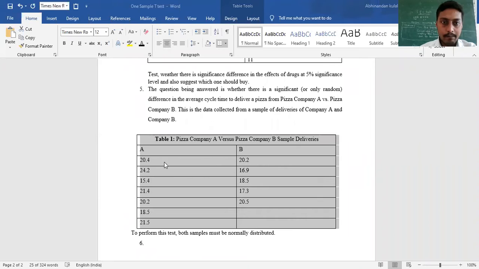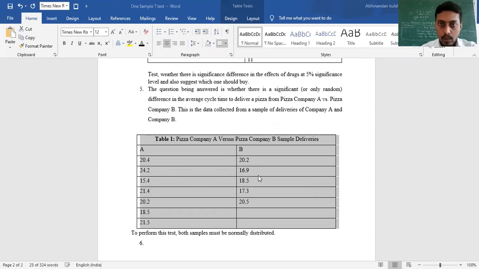From company A, how many did they collect? 8, I guess 8. So from company A they collected 8 delivery times as a sample, and in company B they collected 5.